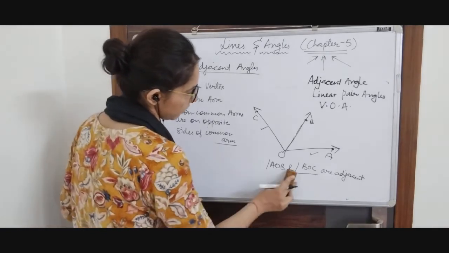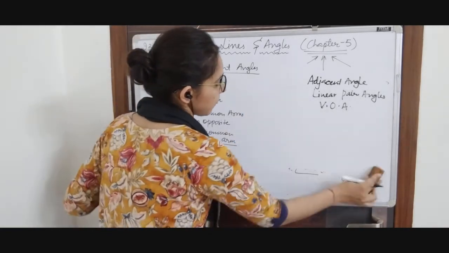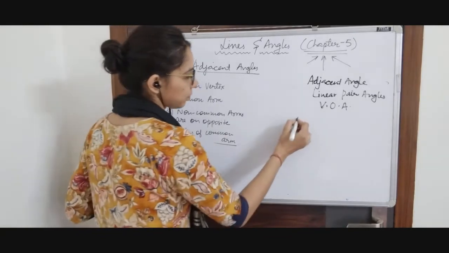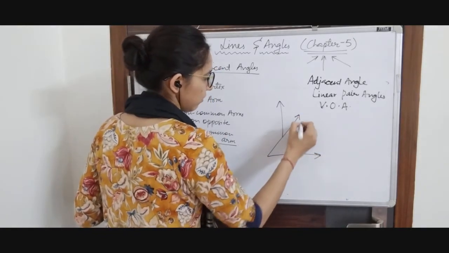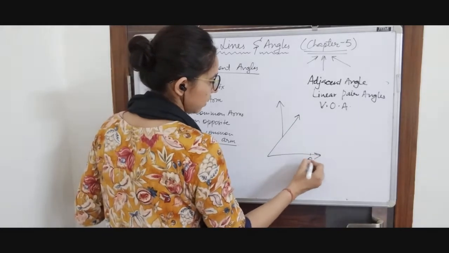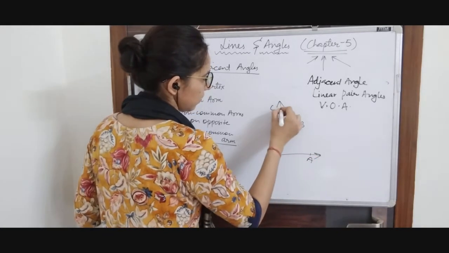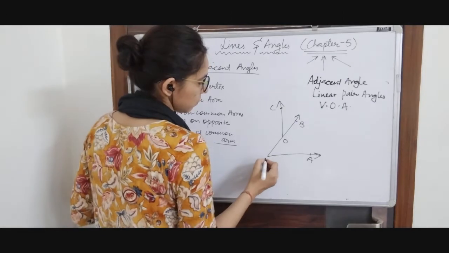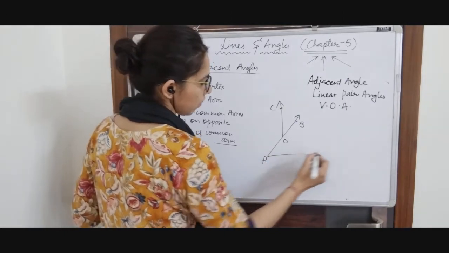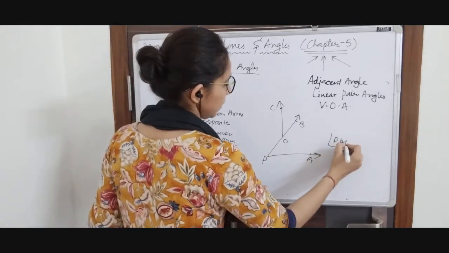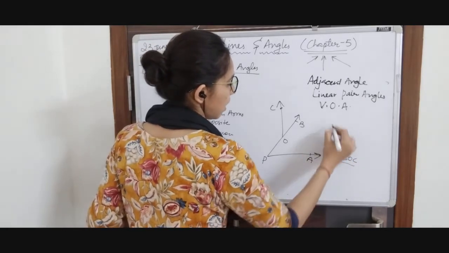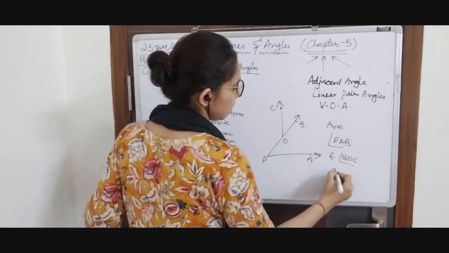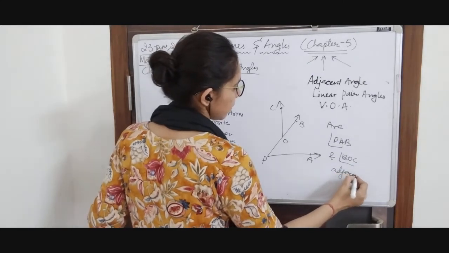Similarly, you can take another example of non-adjacent angles like this. Suppose we have a figure like this: A, B, C, O, P. Now PAB and BOC, are these adjacent?